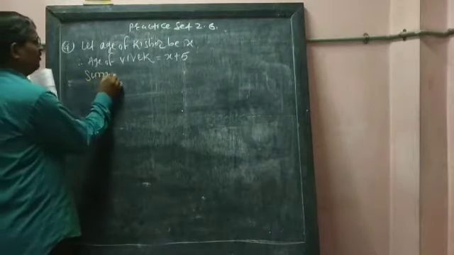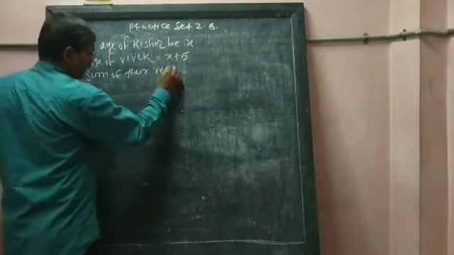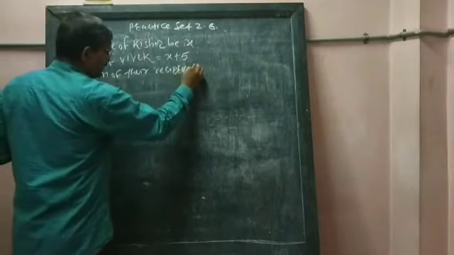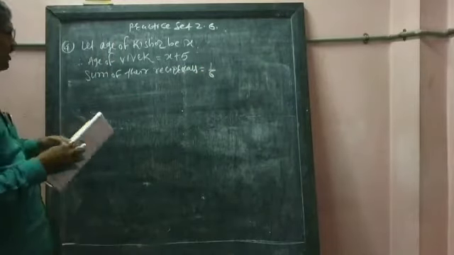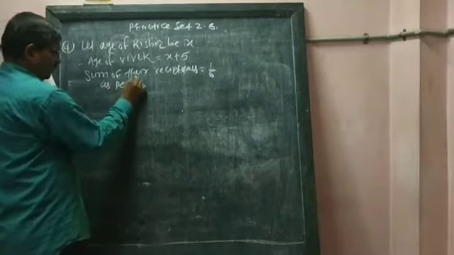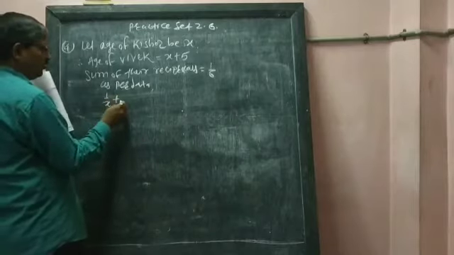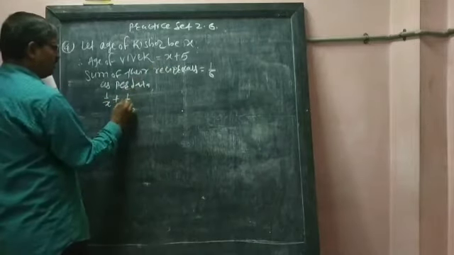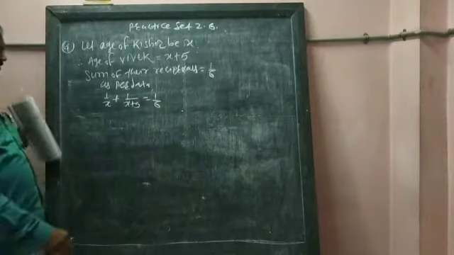The next condition given is that the sum of their reciprocals is equal to, I think, 1 upon 6, correct? So as per data, 1 upon x plus reciprocal of x plus 5, which is 1 upon x plus 5, is equal to 1 upon 6.